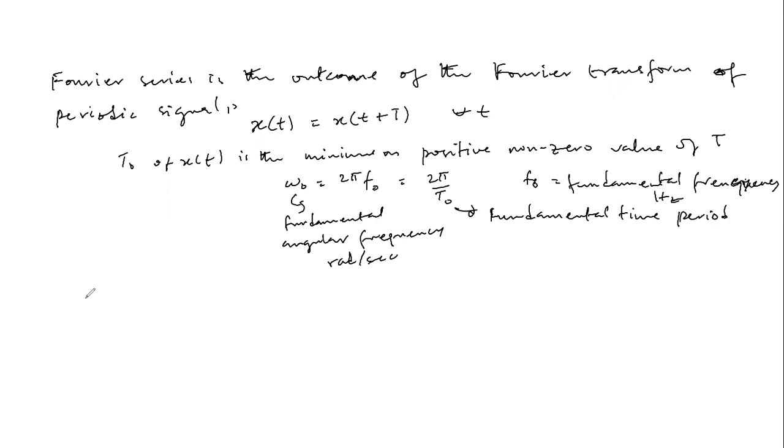So, a periodic complex exponential signal therefore becomes S of t is the same as e^j omega naught t, which is the same as e^j 2 pi over T naught t, and is the same as e^j 2 pi f naught t.